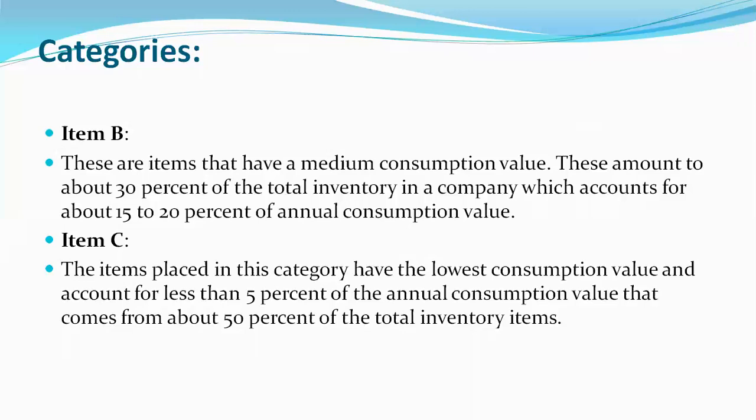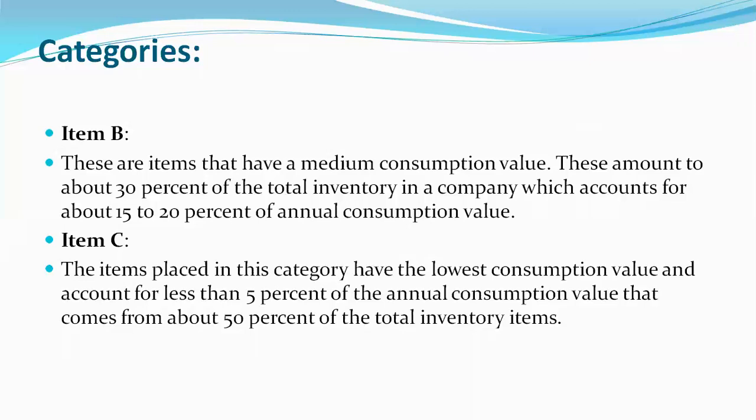These are not recurring, not usual components, parts or raw material. So in item C, 5% or less of the annual consumption value comes from about 50% of the total inventory items.